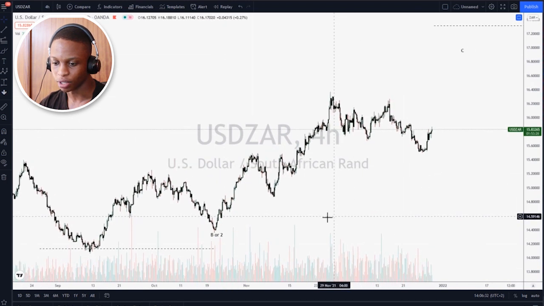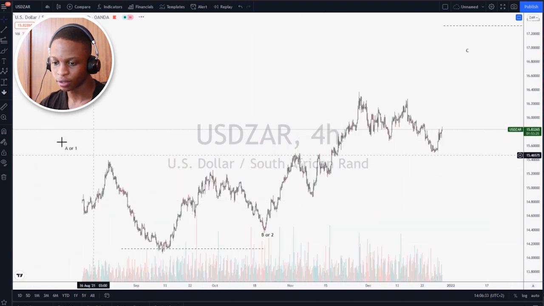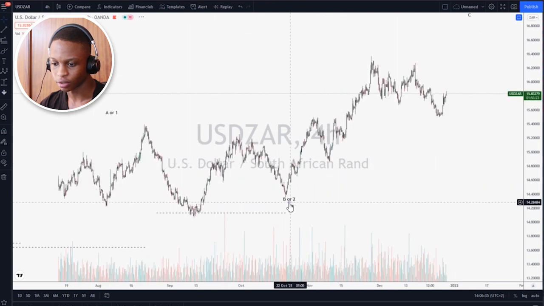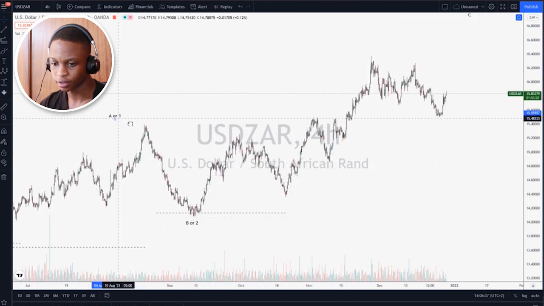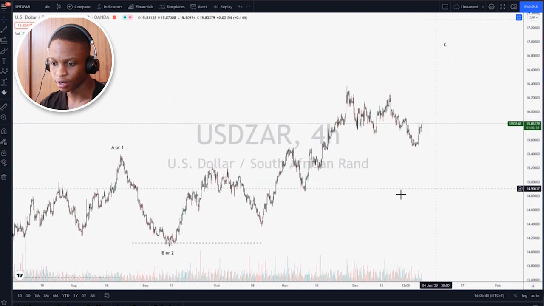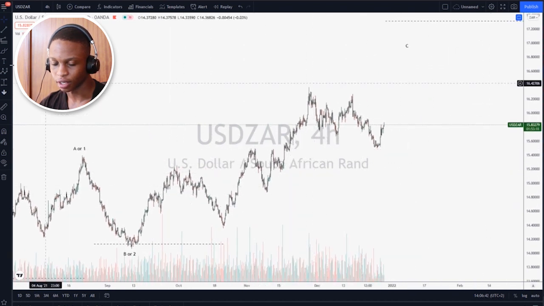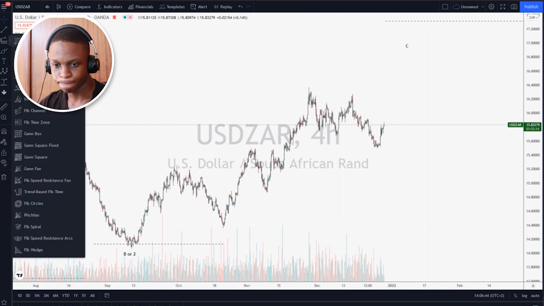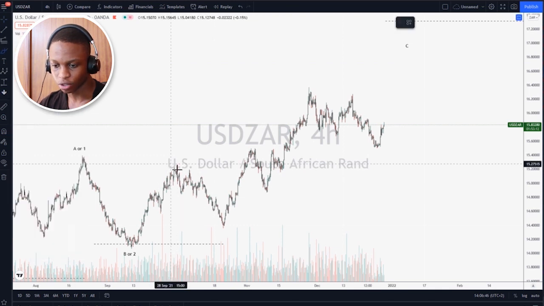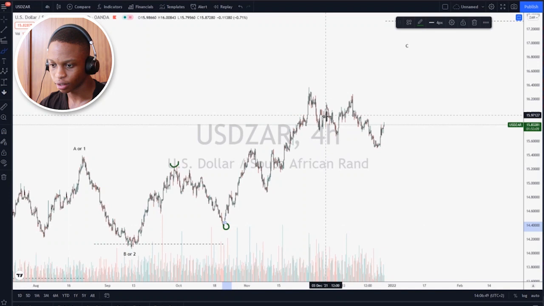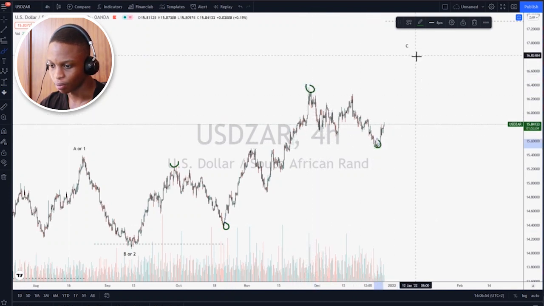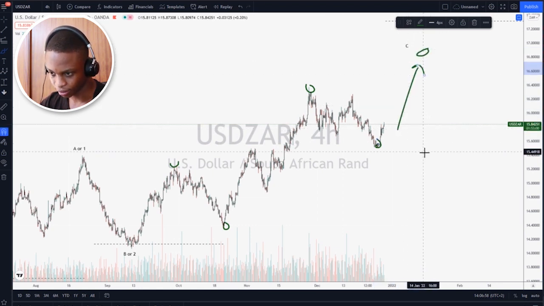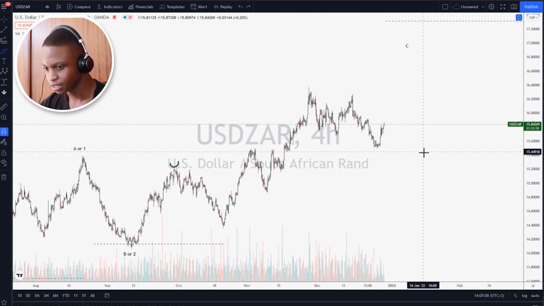Okay, so we have our B or 2 there, and we're currently in this impulse wave here. So we have our first impulse, wave 1, we have our pullback, we have another impulse here, we have another pullback, so we expect another impulse. Yeah, something like that. But let's see where this impulse should end.